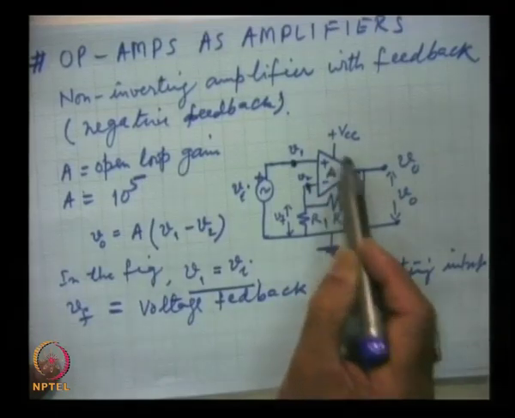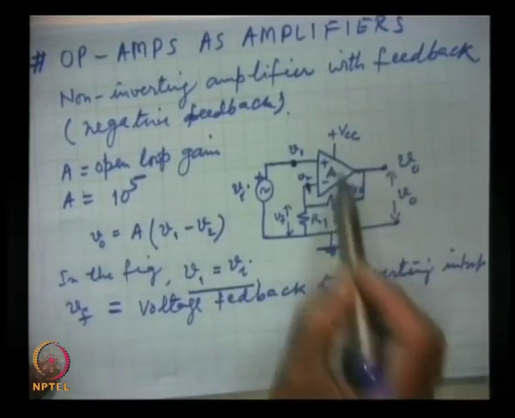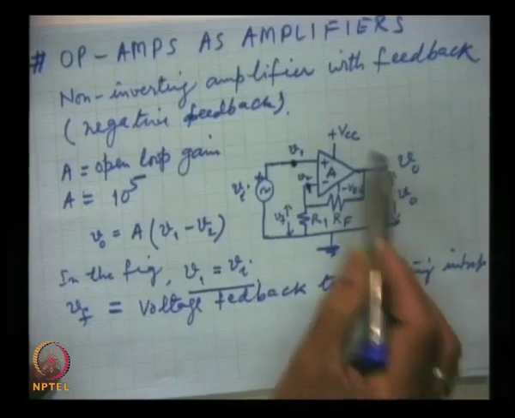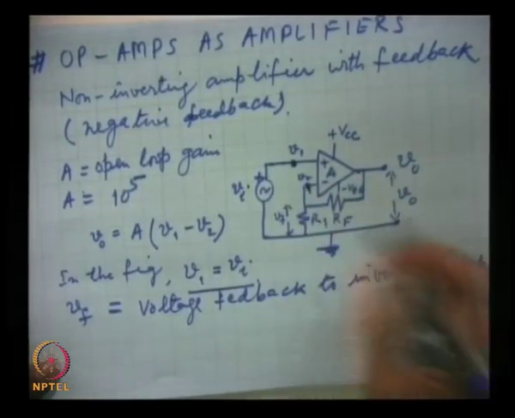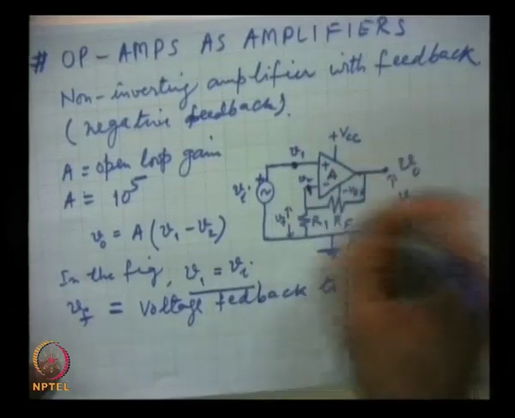This is the op amp in open loop and this is the feedback network. So, this whole amplifier is an op amp with feedback.